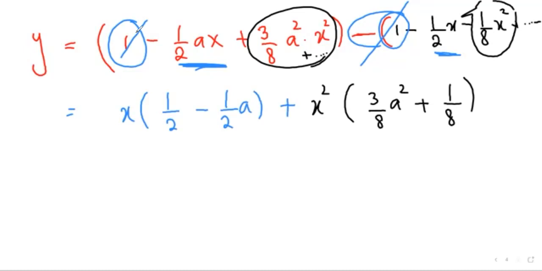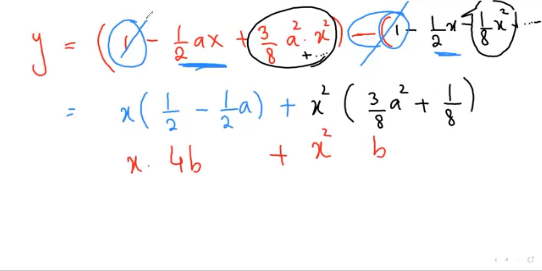So in the question, the given thing is something like 4bx plus bx square.